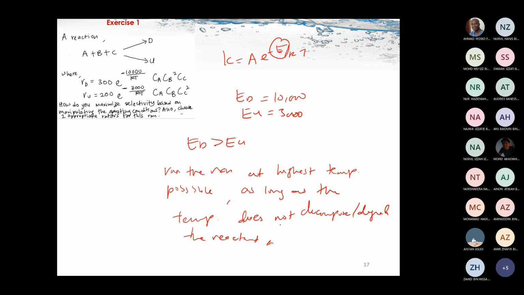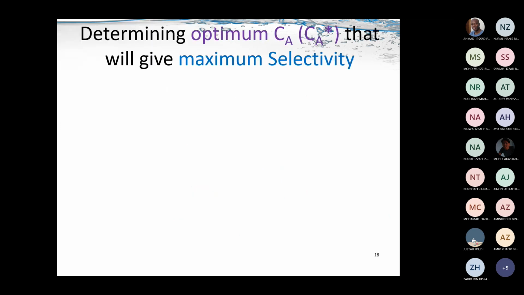Okay, alright. Okay, so untuk selepas ni you akan buat sikit penyiraan, bukan sikit, banyak sebenarnya. Alright, in order to determine the optimum CA that will give a maximum selectivity. Okay, so sekarang ni kita ada new term asterisk dekat sini.